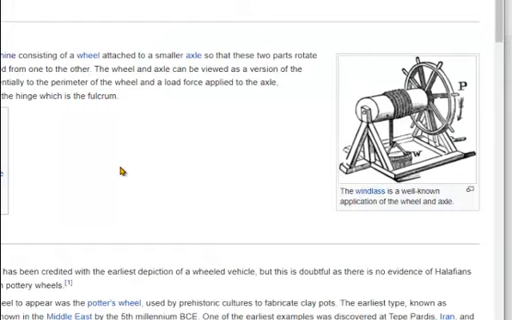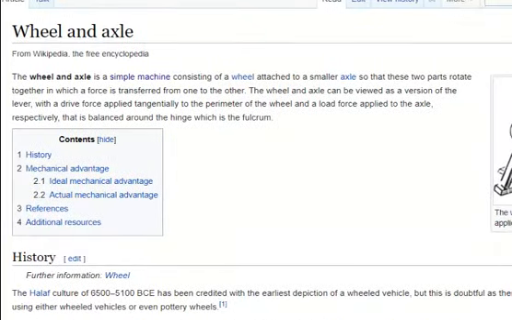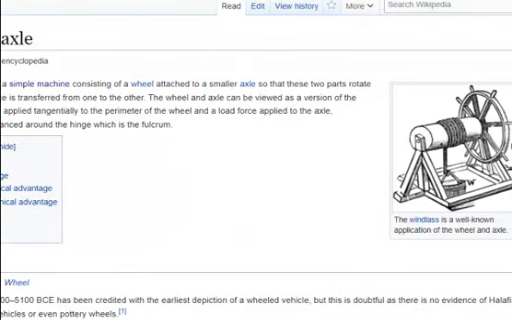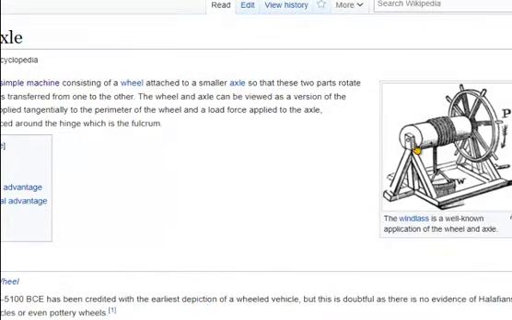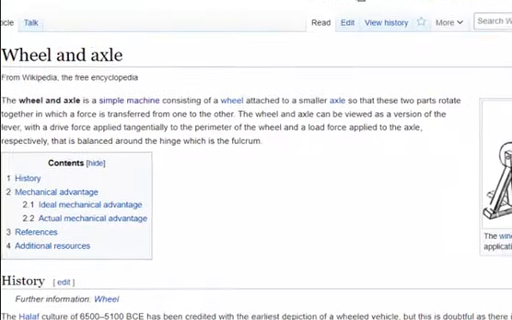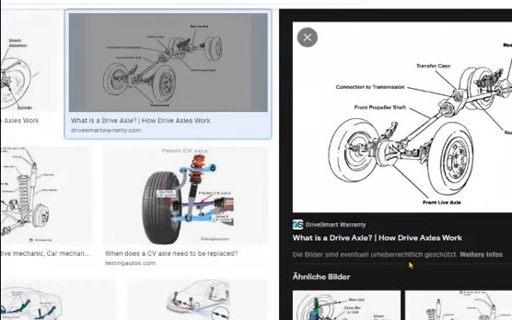So I pulled this one up. This is the wheel and axle. It's a simple machine, and notice that the drawing they use here is a windlass. You exert a force on the outside, a larger radius, and then you have a smaller radius, and you increase the force as you pull up that bucket full of water. Again, the car is the other way around.